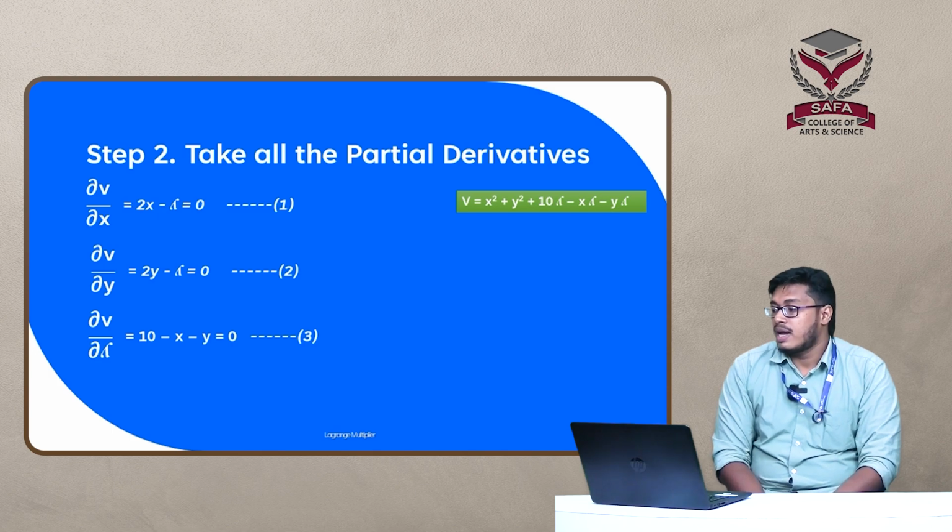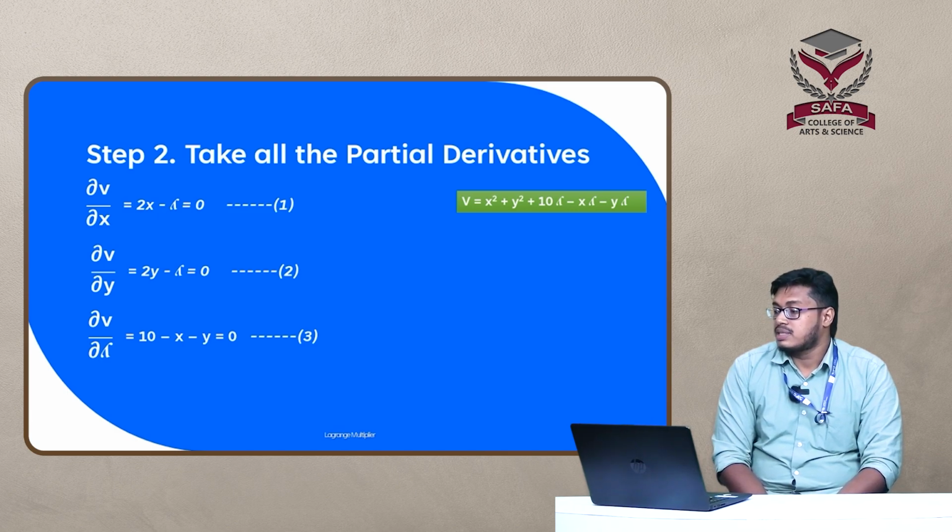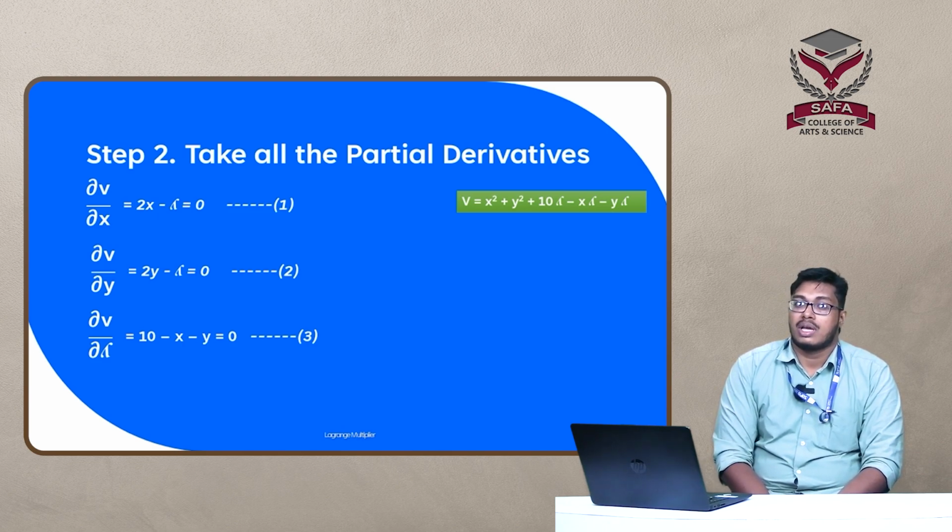The x part x square becomes 2x, and x lambda becomes minus lambda, then 2x minus lambda. We want to make it equal to 0. So, 2x minus lambda is equal to 0.